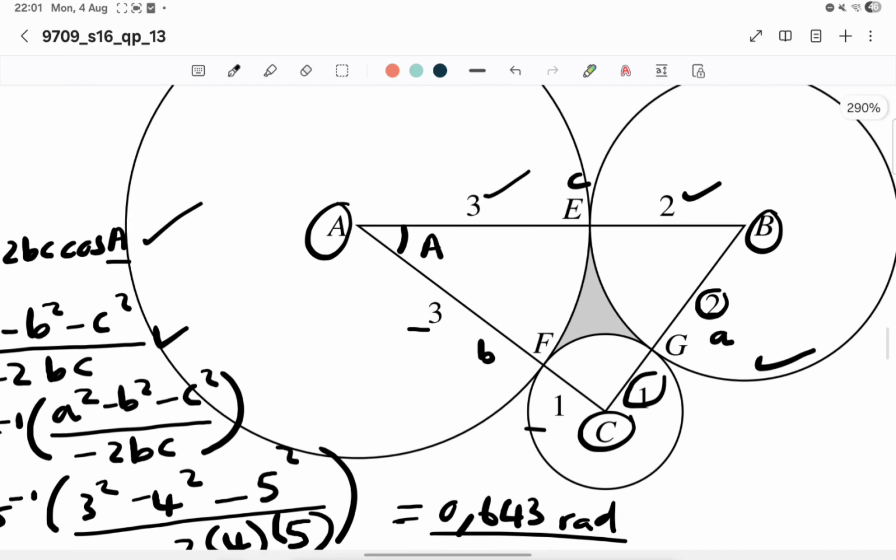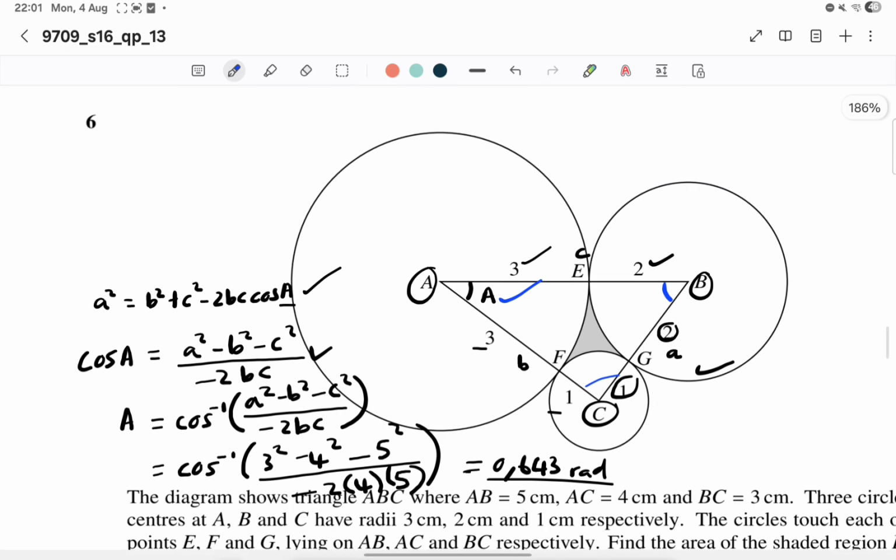Now with this angle, we can get the other angles by using the sine rule.